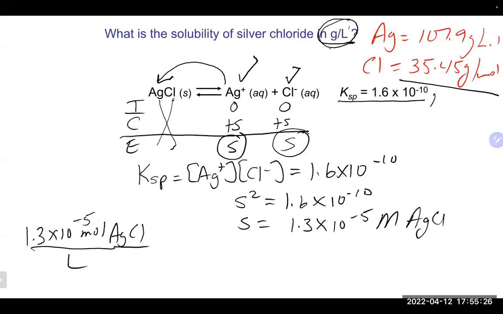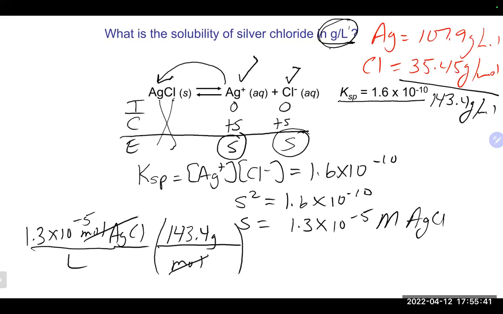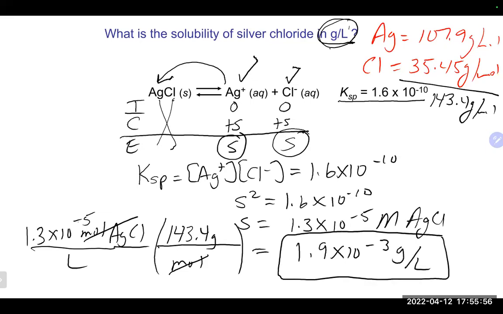Looks like 143.4 grams per mole. We will use that as our conversion factor here. We're going to put the grams on top because that is where we want it. Grams per mole. The moles cancel, leaves us with, we'll call it 1.9 times 10 to the minus 3 grams per liter.